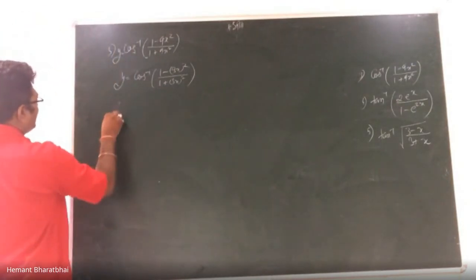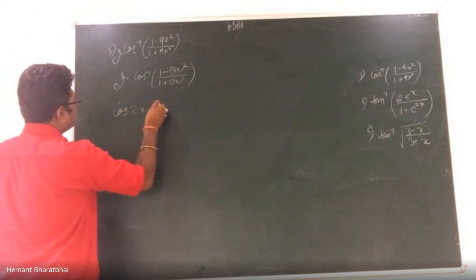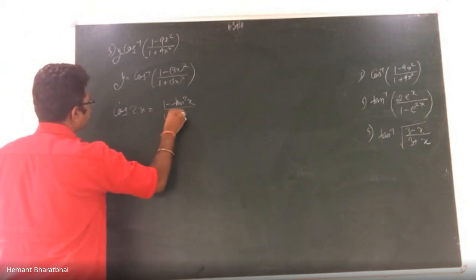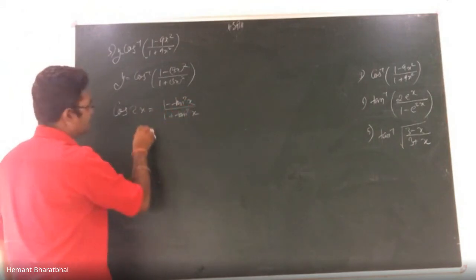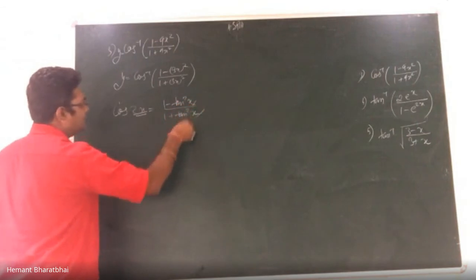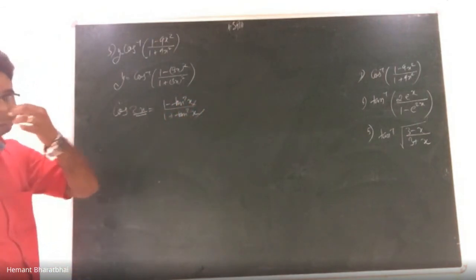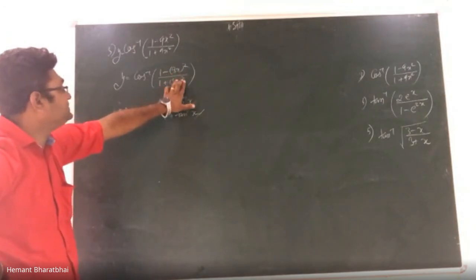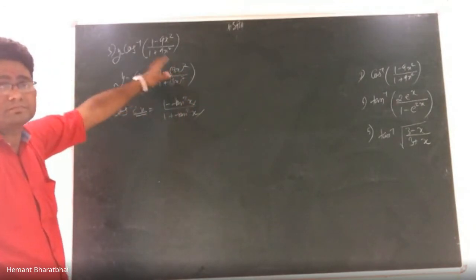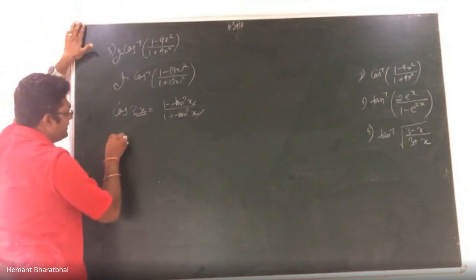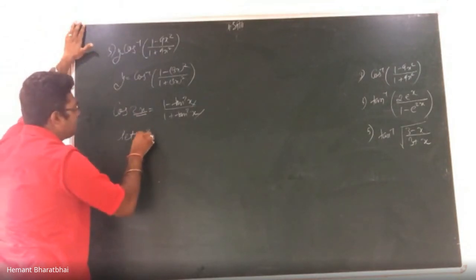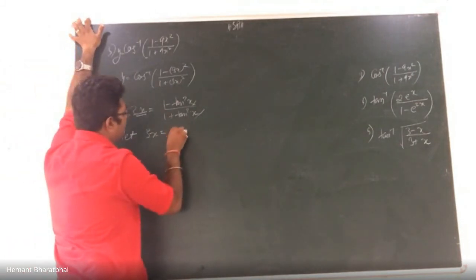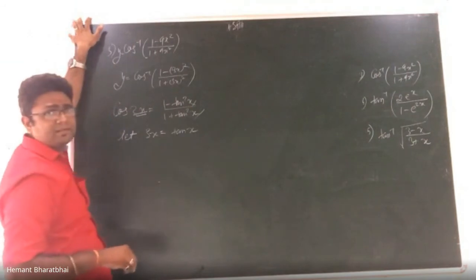Yes, we have one more formula: cos 2x can be written as 1 minus tan square x upon 1 plus tan square x. Here this is 2x, and here I have the half angle x. If you see, this is a similar one, so I can substitute. Let 3x be equal to tan x.